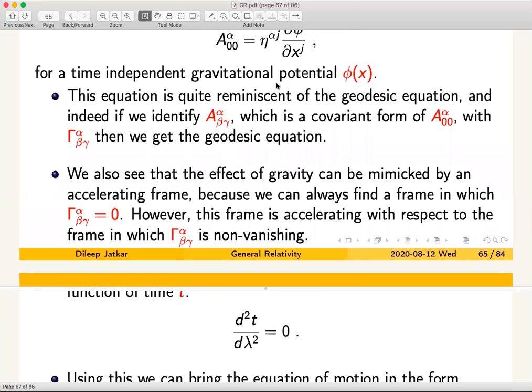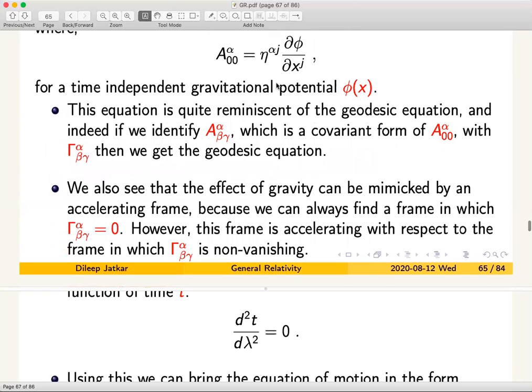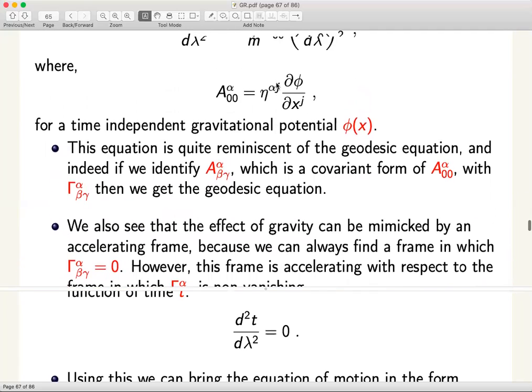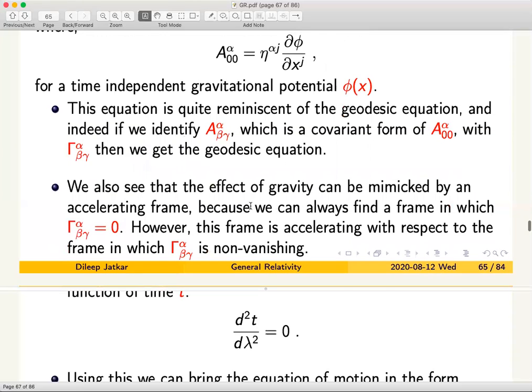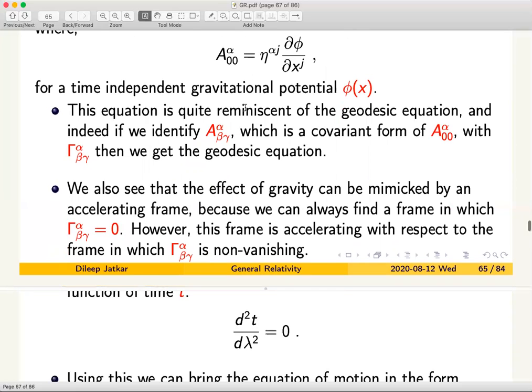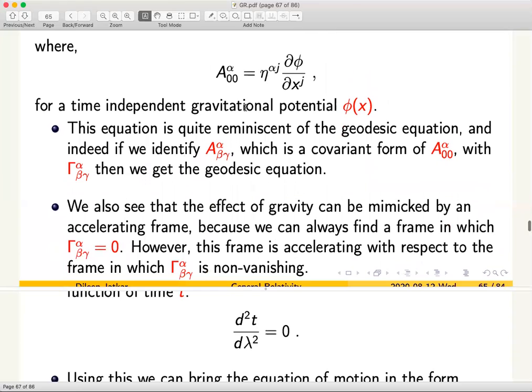So the gravitational potential actually generates a piece which would transform inhomogeneously under general coordinate transformation, exactly the way gamma transformed inhomogeneously. As a result, the effect due to gravity can also be mimicked by an accelerating frame, because the geodesic equation was obtained by studying a complicated accelerating frame.